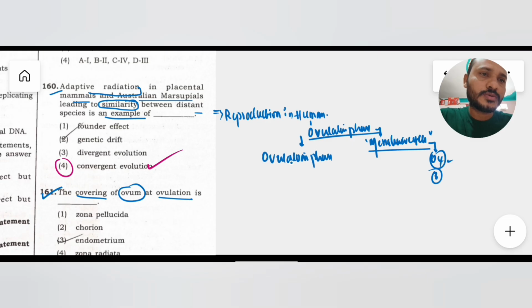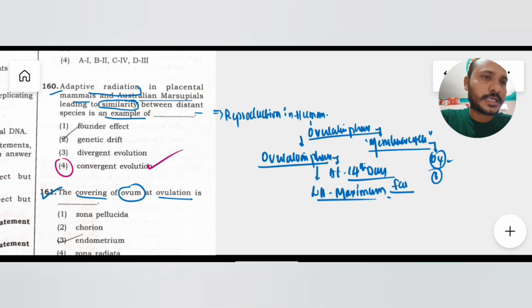This ovulation phase occurs at the 14th day of the menstrual cycle. It occurs due to the LH hormone peak, or maximum. When the luteinizing hormone is at maximum, which favors the maximum release of LH from the anterior pituitary gland, it favors the ovulation process.